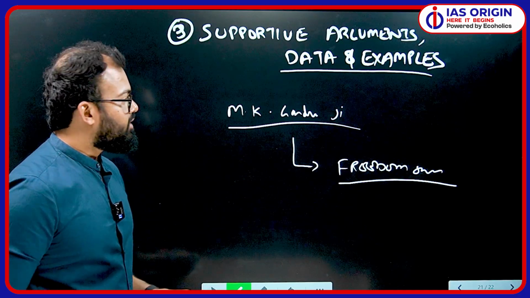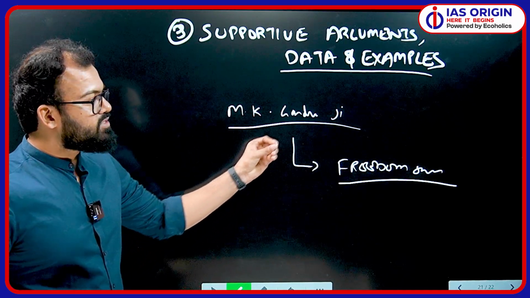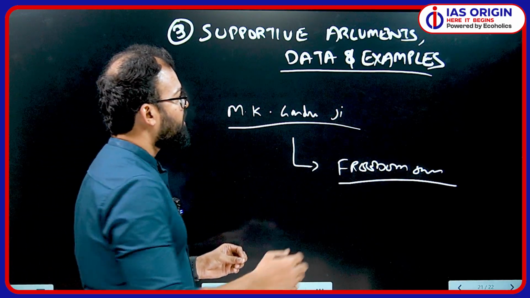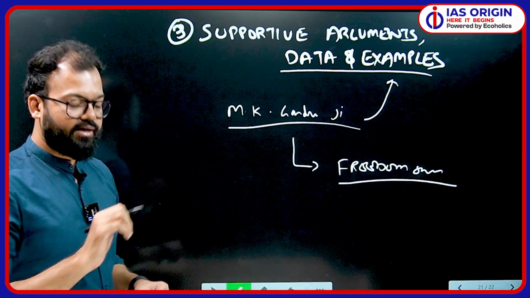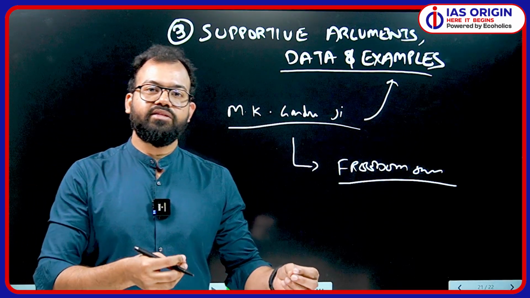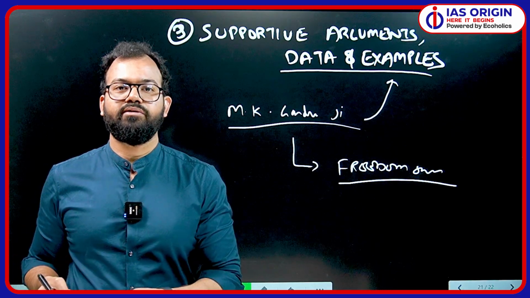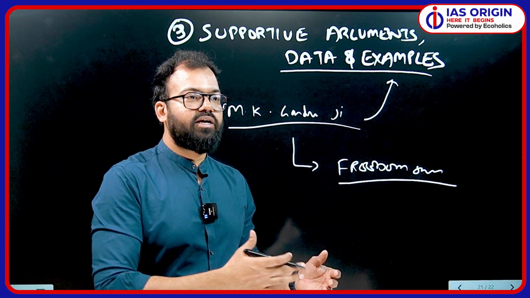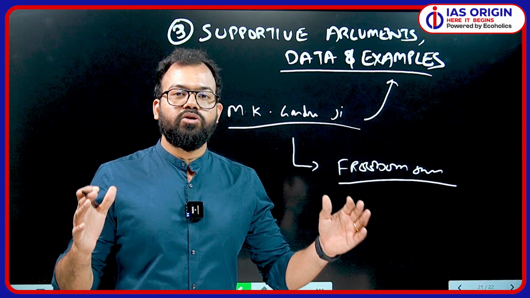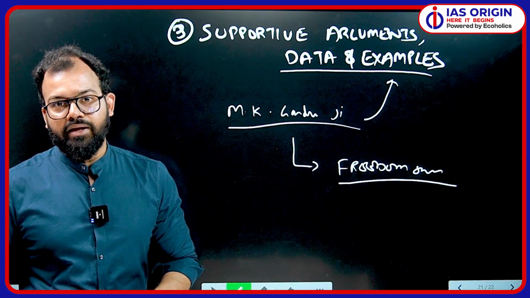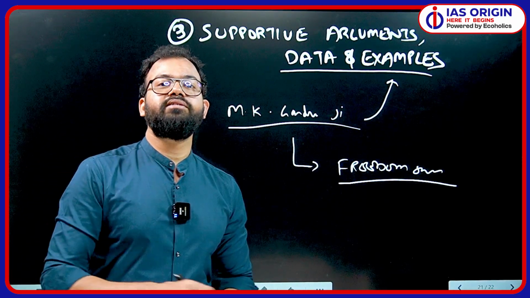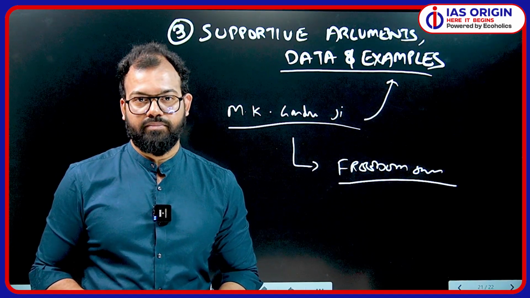In that particular time period, if you say that person was nice, you should give examples, like the Chauri Chaura incident, and why Gandhiji took the movement back. A lot of thinkers say that if Gandhiji had not been of the opinion of taking back the non-cooperation movement, India might have got independence in the 1920s only.